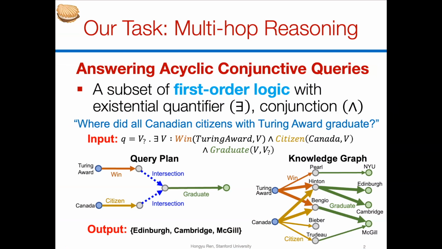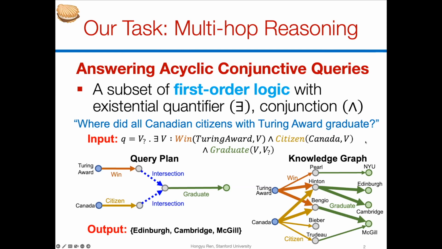Reasoning over such graphs basically includes answering acyclic, multi-hop complex queries, which are a subset of first-order logic that has existential quantification and conjunction, all of these logical operators. One example we can ask over the given graph is, for example, where did all Canadian citizens with Turing work graduate?